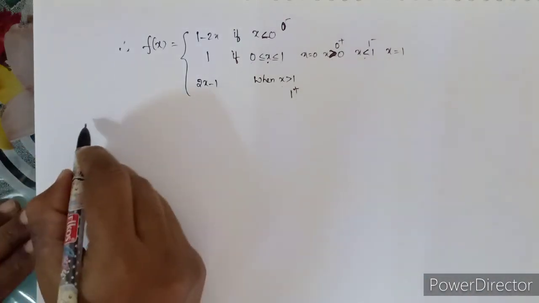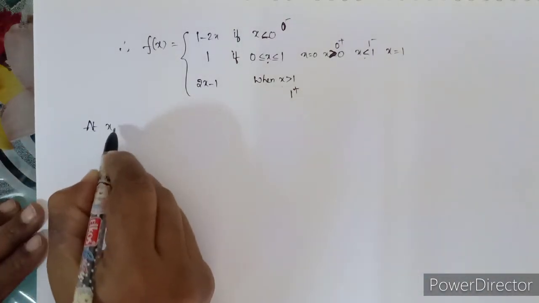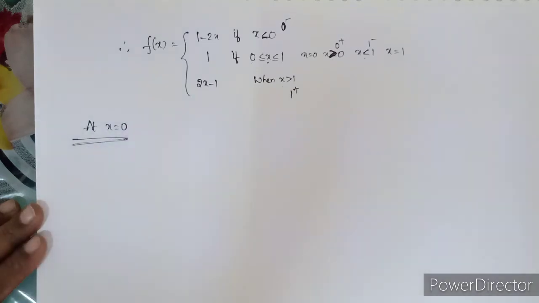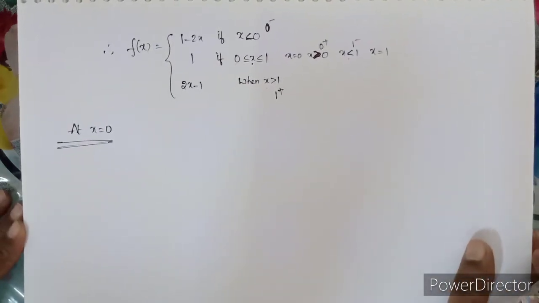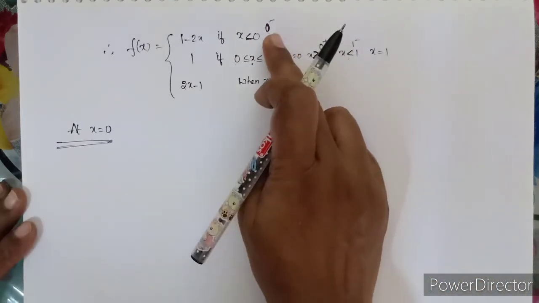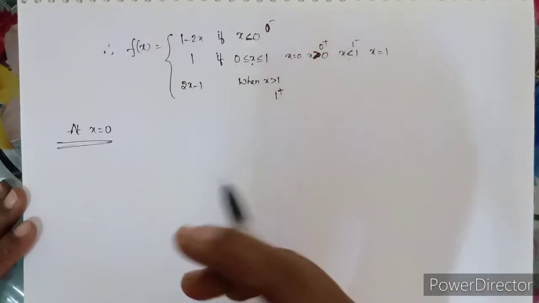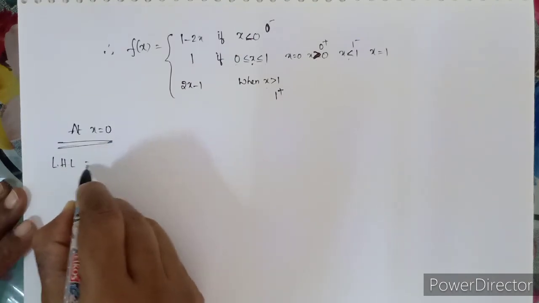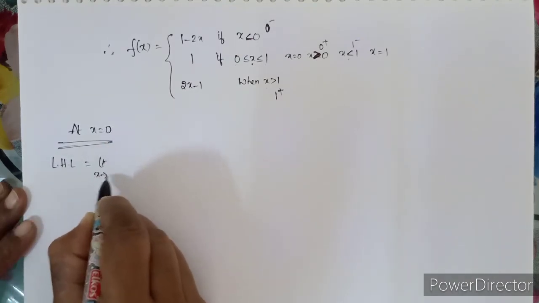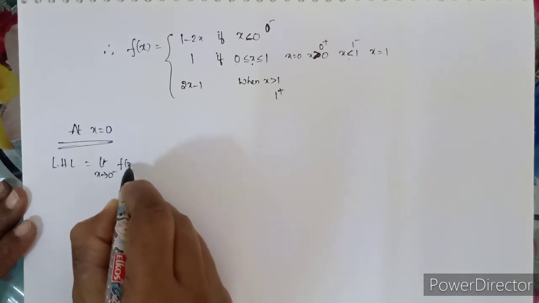At 0 we first check whether f is continuous or not. According to definition 2 we solve this problem, because we have 0 minus and 0 plus and 0, we use the second definition. First we take the left-handed limit. Limit x tends to 0 minus f of x.